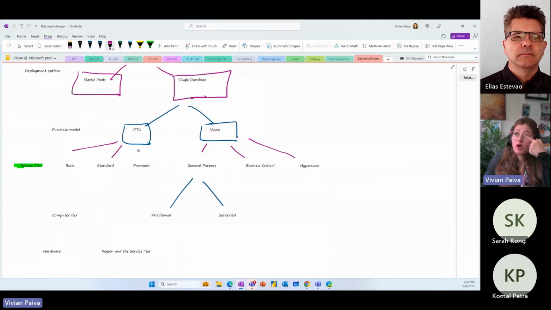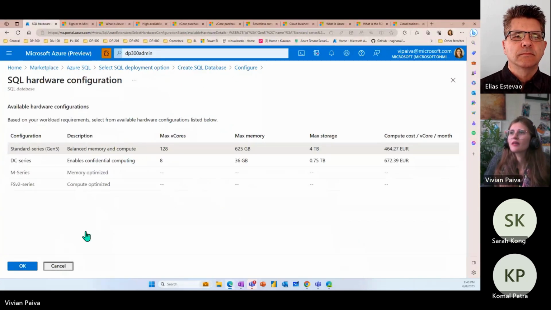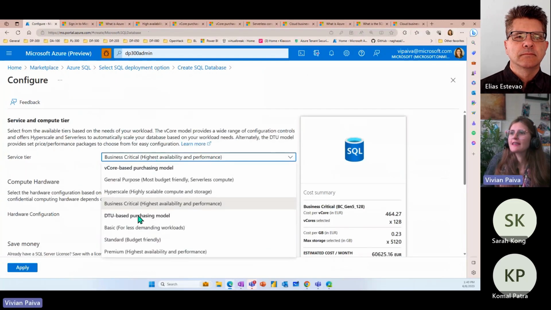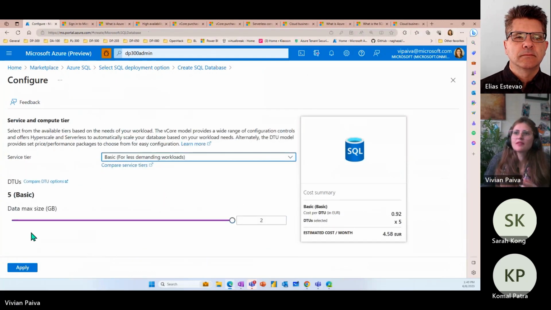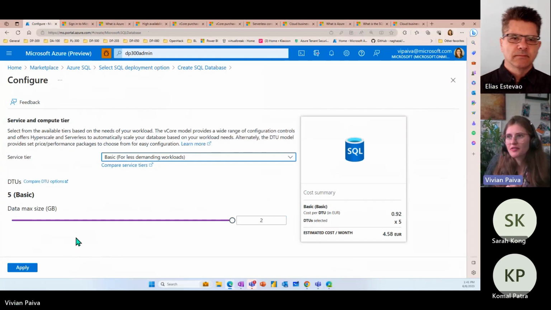If we had chosen the DTU, so let's go back there, we have less flexibility, so we cannot go into that level of detail.